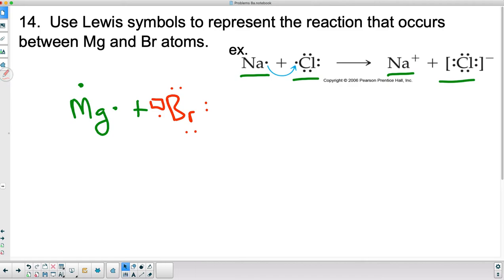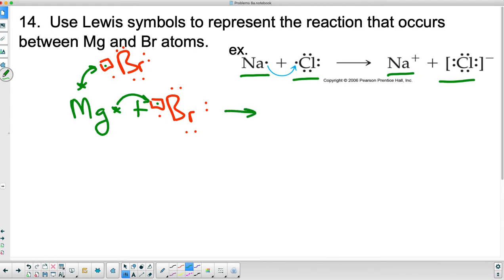Notice that over here magnesium can put 1 electron right in there and gets rid of that 1 electron. And then I have another bromine because I need more than 1 bromine, because each bromine can only handle 1 extra electron. So I have now 2 bromines and 1 magnesium, and magnesium gives both of its electrons over, 1 to each bromine.